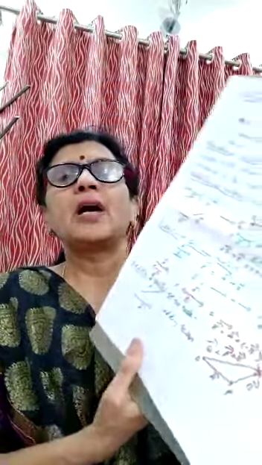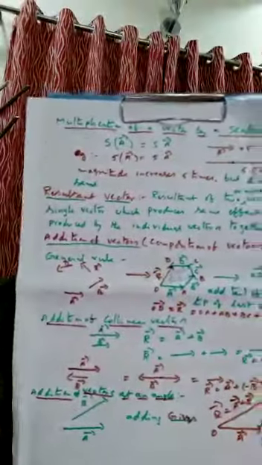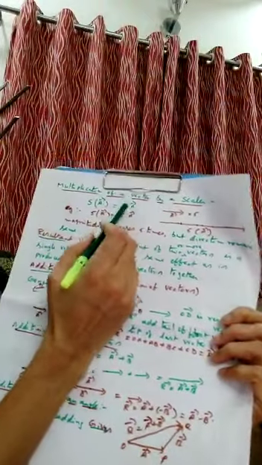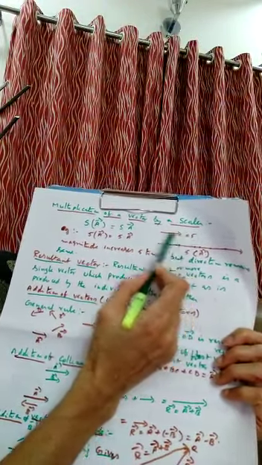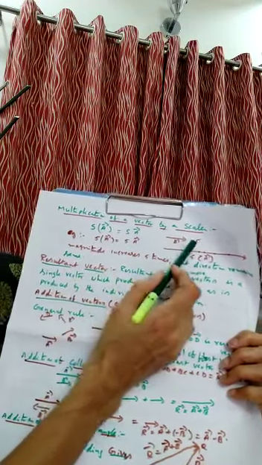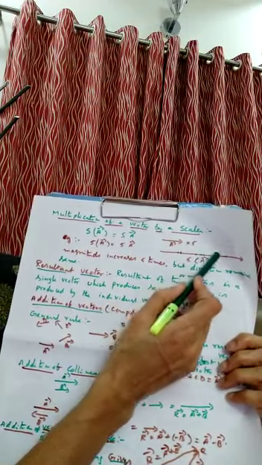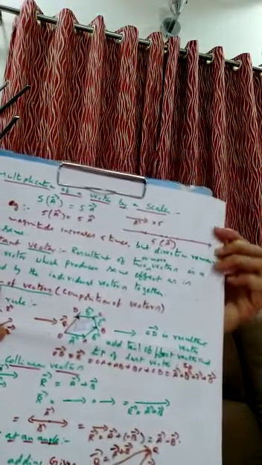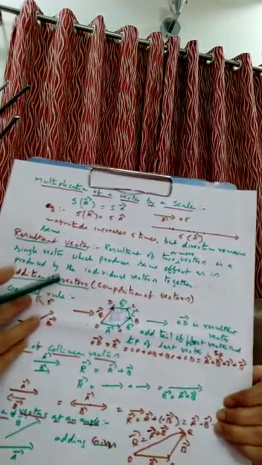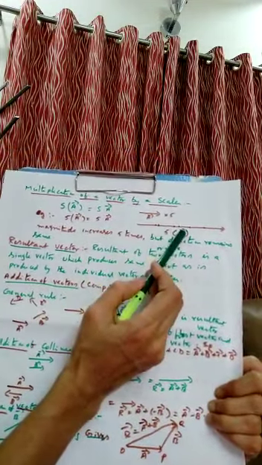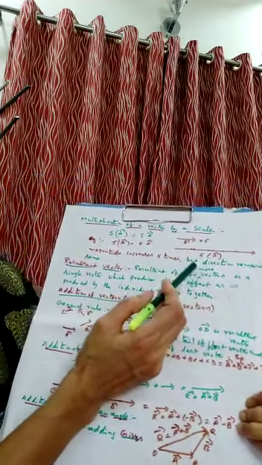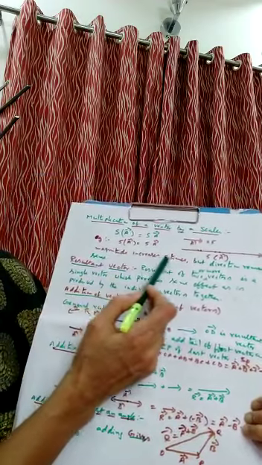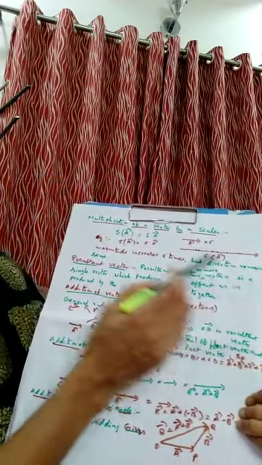I will give you an example. Suppose S is a scalar and A is a vector, and we multiply the vector by S. I have taken 5 times, so 1, 2, 3, 4, 5 times the magnitude increased, but the direction remains the same as that of the given vector. This is multiplication of a vector by a scalar. The magnitude increases 5 times, but the direction remains the same.